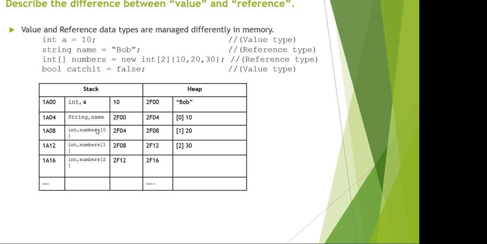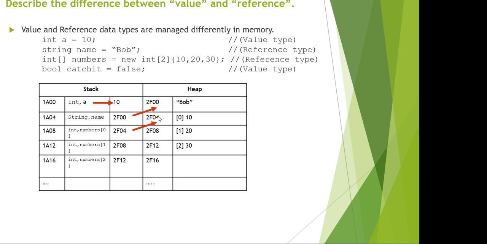So let's do another one of these. The values are stored directly inside the stack, whereas the references are just references to different locations in the heap memory. An array is a similar idea, where we're creating an array and it's a reference.